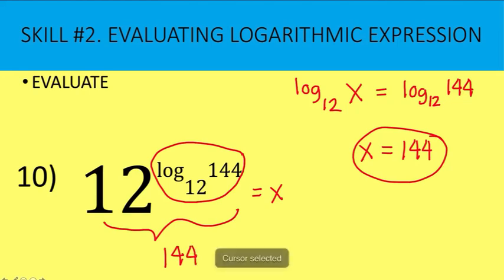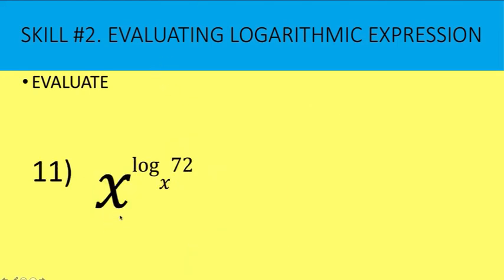Let's have one more problem. What is the value of x raised to log to the base x of 72? Now, since x is the variable that's used here, let's try using a different variable. Let's equate this value to, let's say, a. Since this is an exponential form, we can rewrite this in logarithmic form.